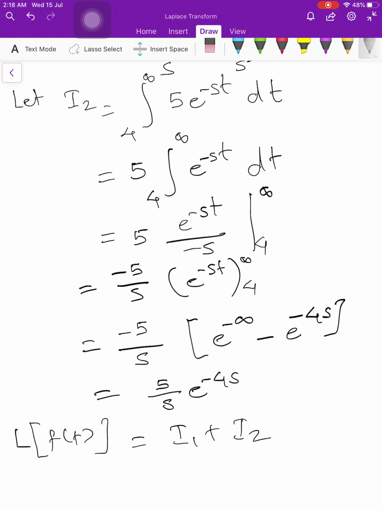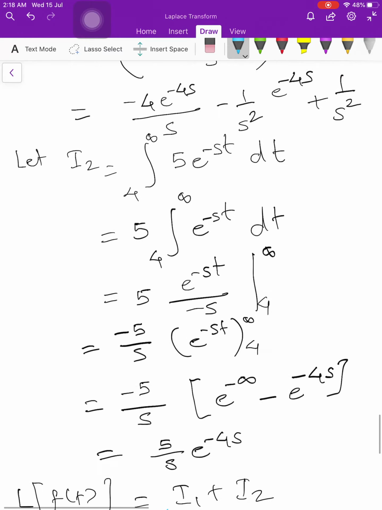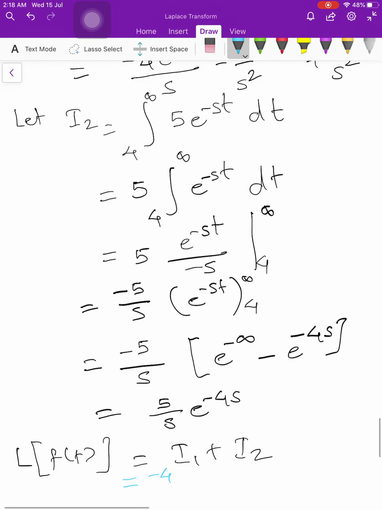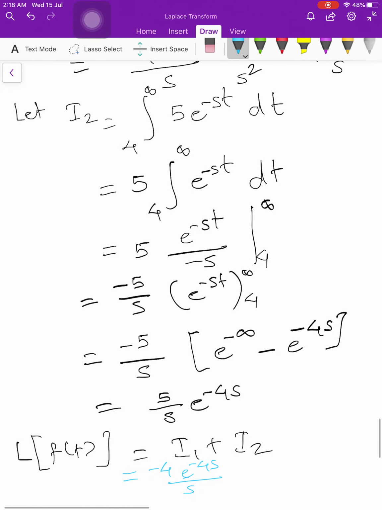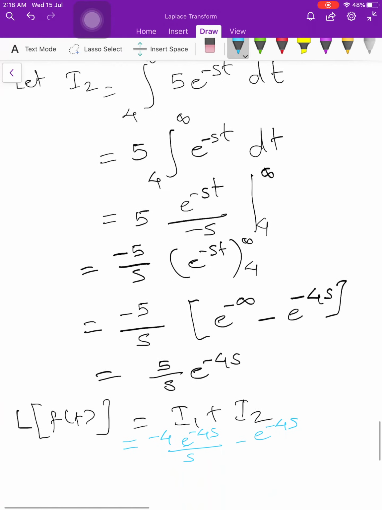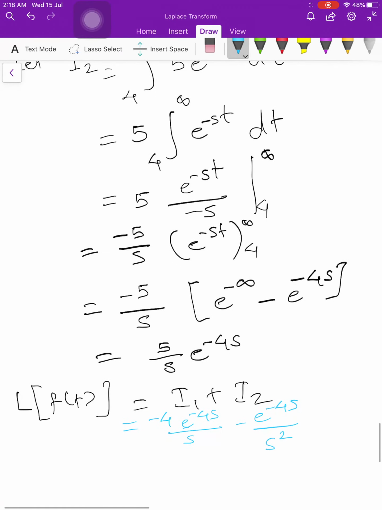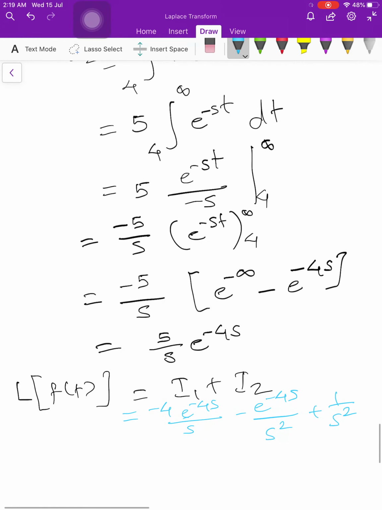So together you can write down the I1 answer, that is minus 4 e raised to minus 4s upon s, minus e raised to minus 4s upon s square, plus 1 by s square, and then here plus 5 by s e raised to minus 4s.